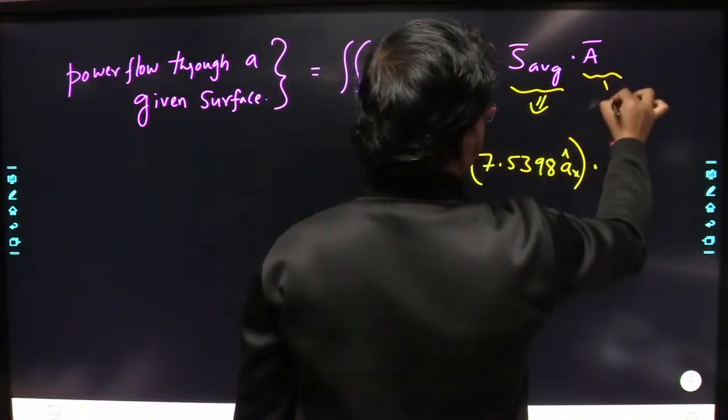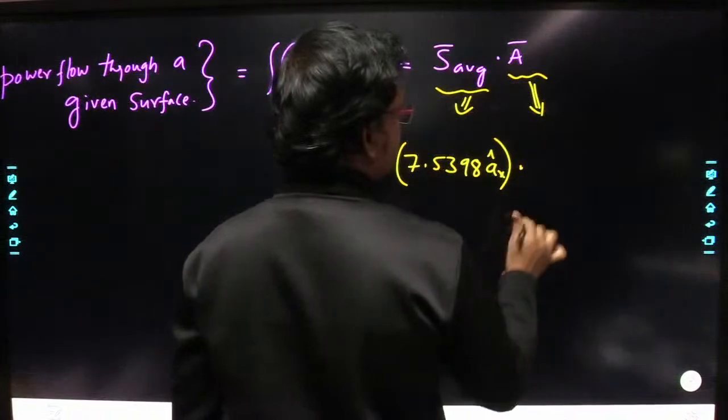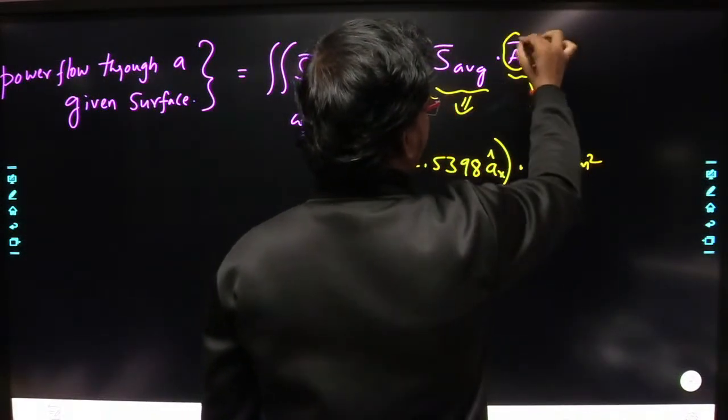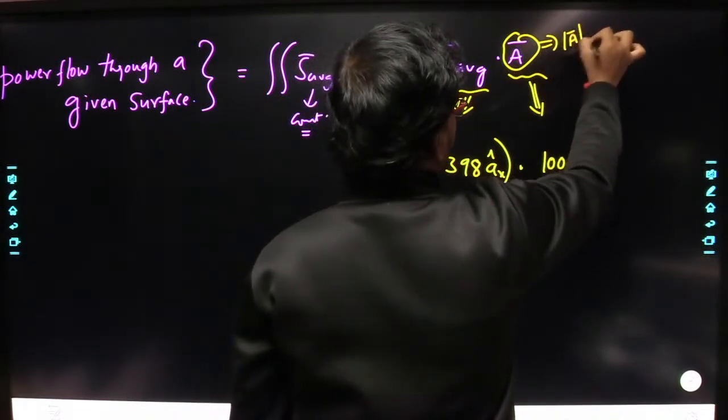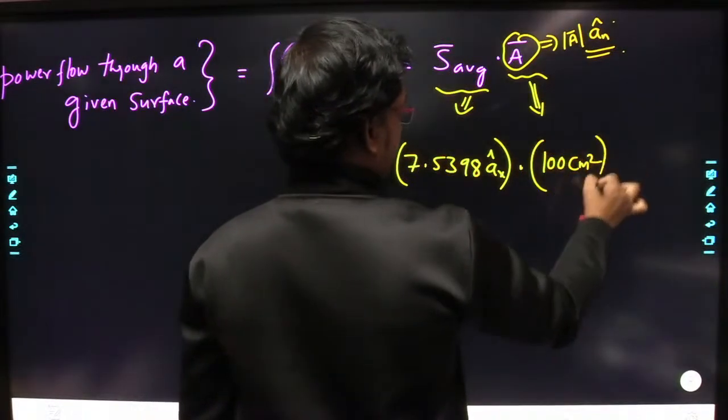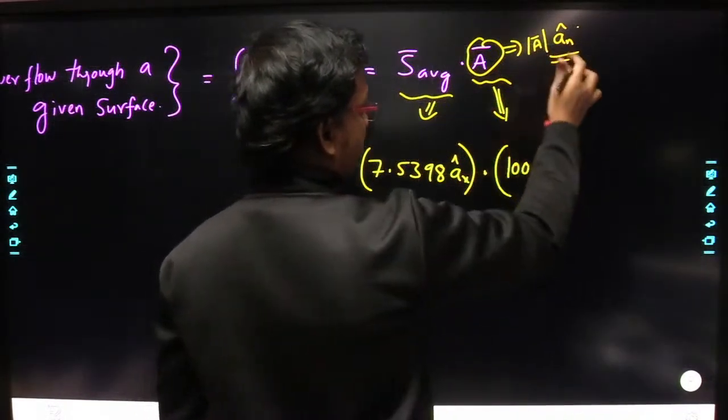So what is this area here? The magnitude of area is 100 centimeter square, right? So this area is nothing but magnitude of A bar into AN cap. So magnitude of A bar is nothing but 100 centimeter square into AN cap.